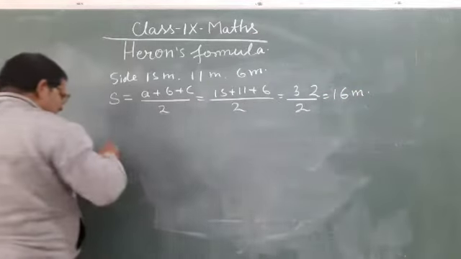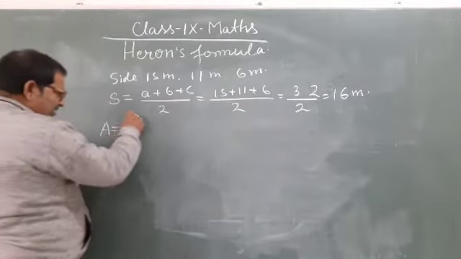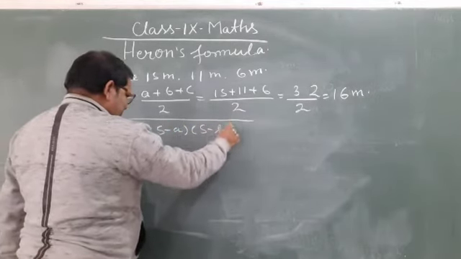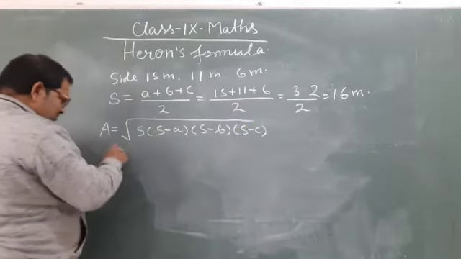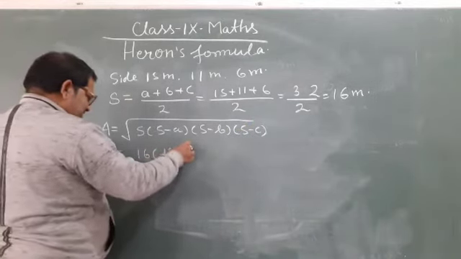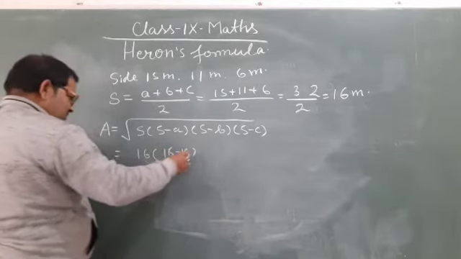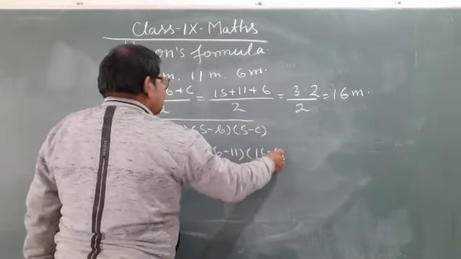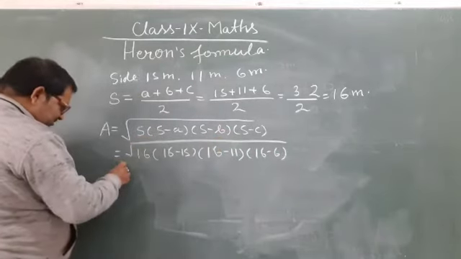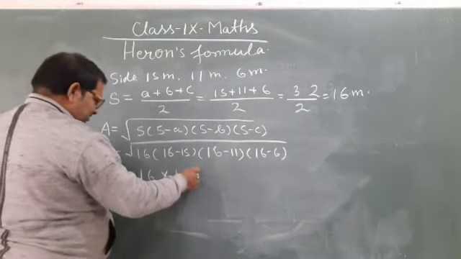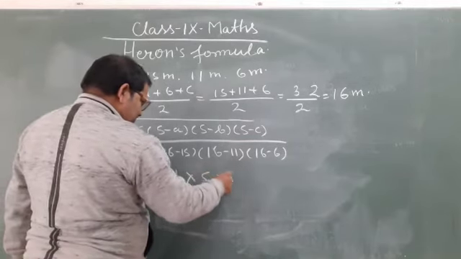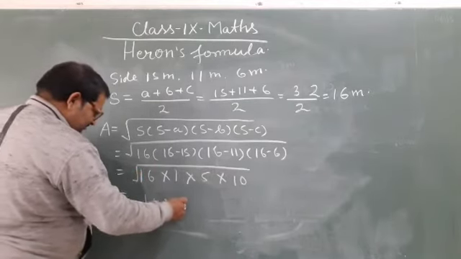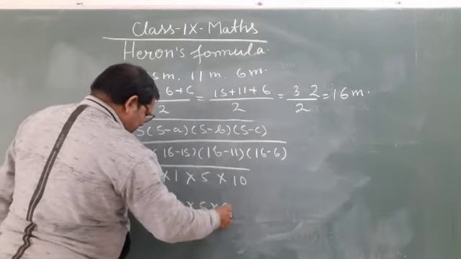If you find the area of the triangle, S minus A, S minus B and S minus C: 16 minus 15, 16 minus 11 and 16 minus 6, 16, 1, 5, 10, 16, 1, 5 into 2.